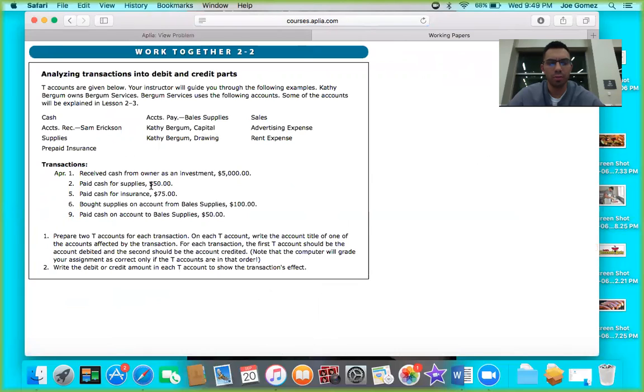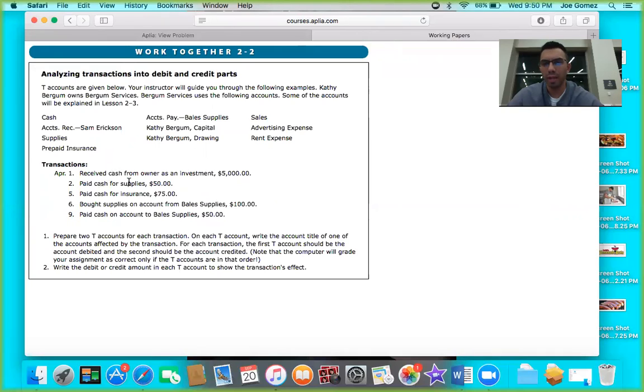All right, moving on to the second transaction, which happens on April 2nd. Paid cash for supplies, $50. I know the two accounts that will be affected are cash and supplies. This time I'm paying cash, which means my cash is decreasing. When I decrease an asset, that's going to be listed on the credit side, because the credit side is the decrease side for an asset.